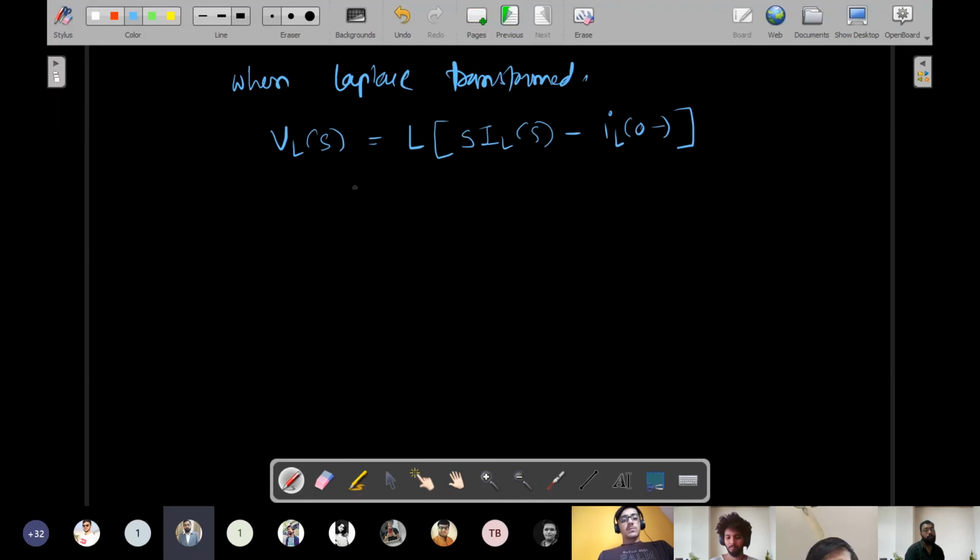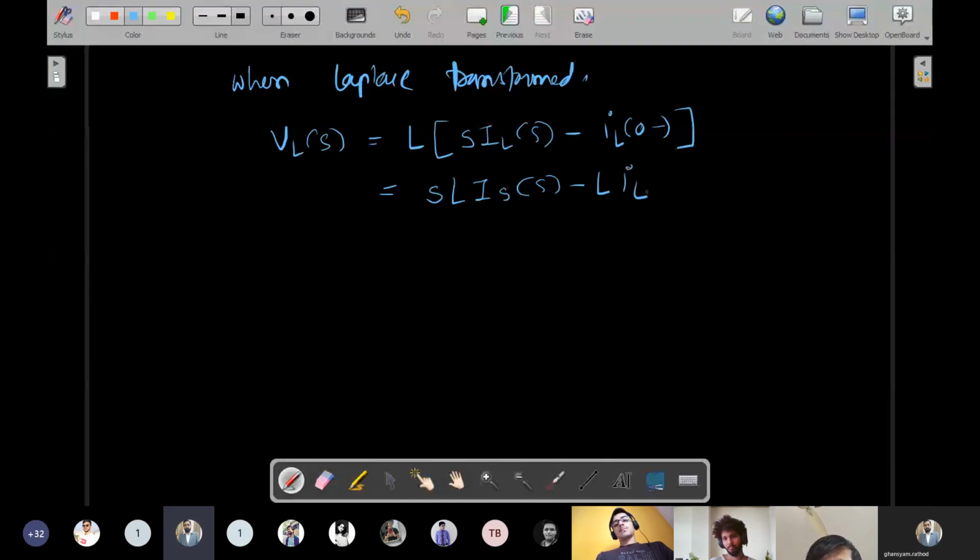So the voltage across that inductor can be written in the transform way as L into bracket S IL of S minus IL of 0 minus. And when I write it this way, we can write it as VL of S equals L S IL of S minus L IL 0 minus.